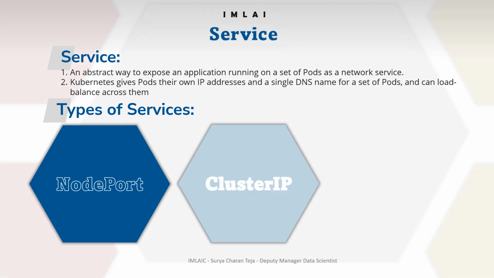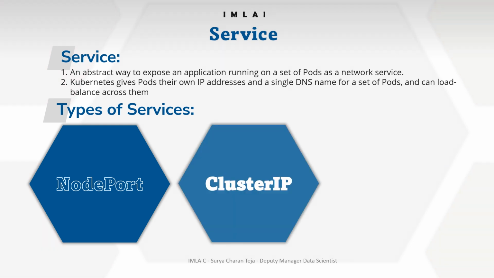So choosing this value makes the service only reachable from within the cluster. The problem that we have discussed during the node port service has been solved using the cluster IP. So this is the default that is used if you do not explicitly specify a type for a service.